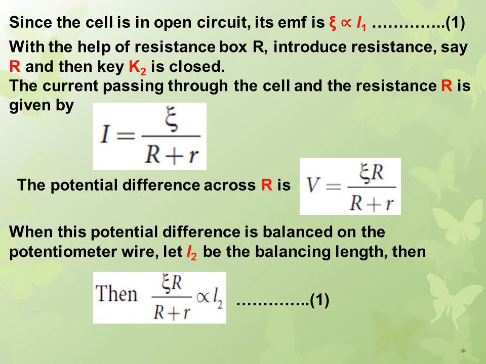When this potential difference is balanced on the potentiometer wire, let L2 be the balancing length, then Psi R divided by R plus r is proportional to L2, which is termed as equation number 2.